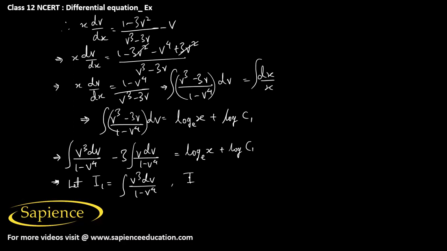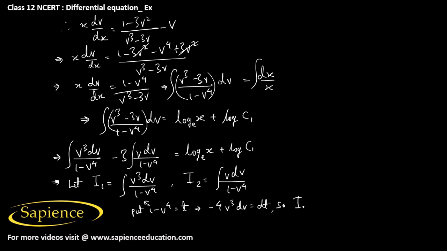And let's say this is I2, I2 is the integral of v dv/(1 − v⁴). So now here, if we put 1 − v⁴ equals t, then we get −4v³ dv equal to dt.